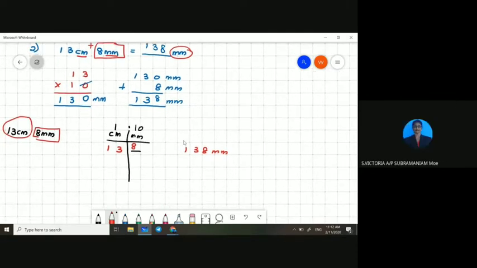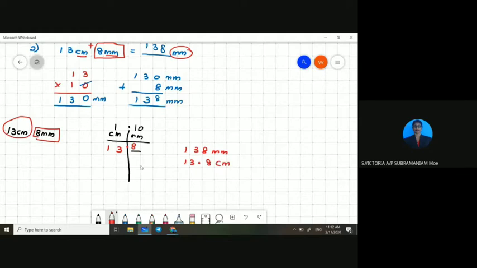We can get 3 types of answer when we are doing this T method. We already did millimeter. When you write the small unit, you cannot use decimal point. For the bigger unit, if you want to write centimeter, we need to use the decimal point. I already told you this line is a decimal point. So 13.8 centimeter.